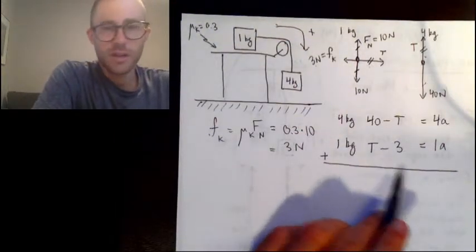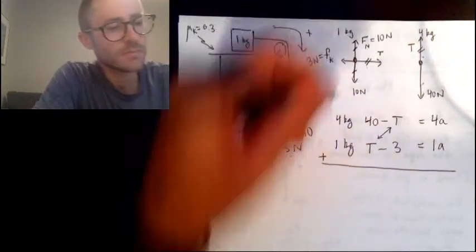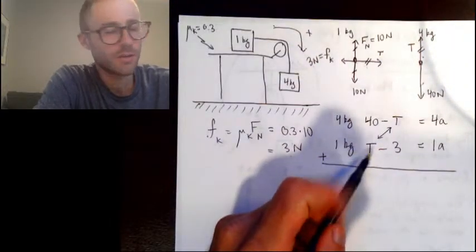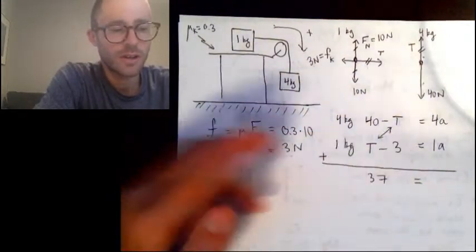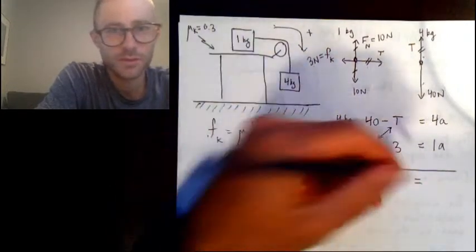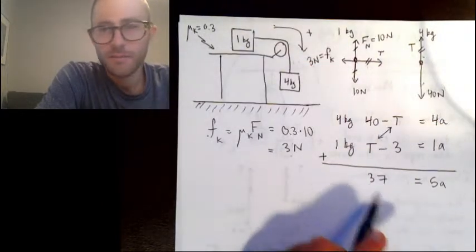So adding these two together, once again, tension will cancel. On the left-hand side, I get 37 newtons. On the right-hand side, I get 4a plus 1a is 5a. Divide both sides by 5.